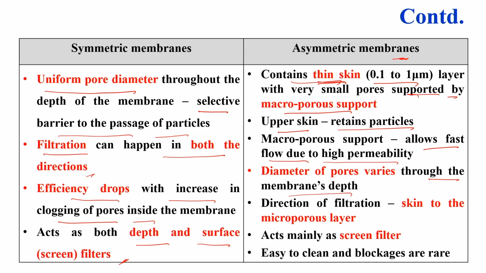Because of this arrangement, the direction of filtration is one direction, from skin to the microporous layer, and it mainly acts as a screen filter. Here, as the screen is able to retain your particles, there is less blockage and they are easy to clean as compared to the symmetric membranes.